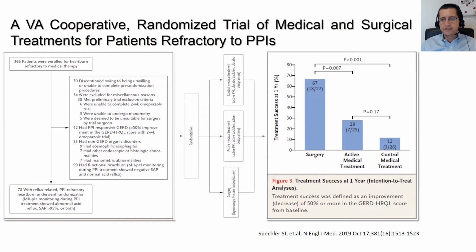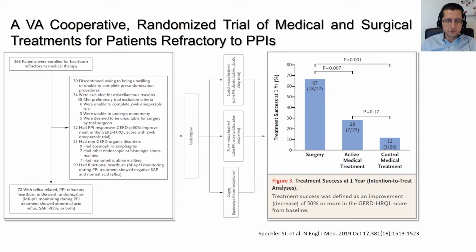placebo. And they found that this stratification obtained with impedance pH testing was able to better identify those patients who are responders to surgery as compared, of course, to active medical treatment, PPI, antidepressant and baclofen, or placebo.